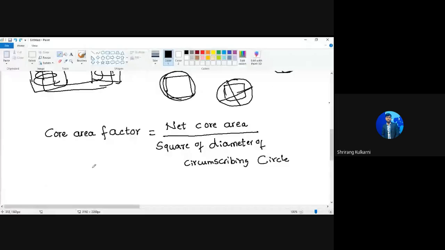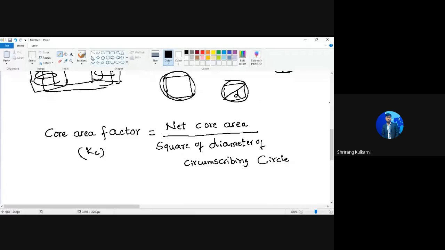So it is the circumscribing circle, having diameter D. So the core area factor is nothing but Kc, net core area by square of diameter of circumscribing circle.